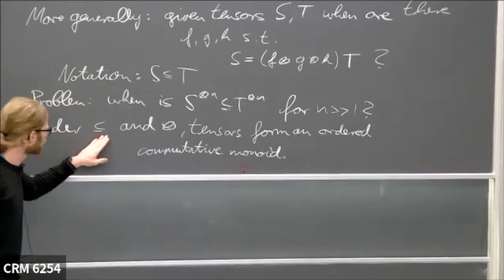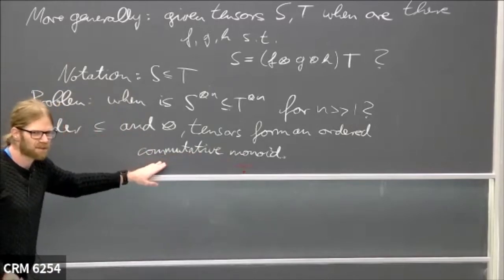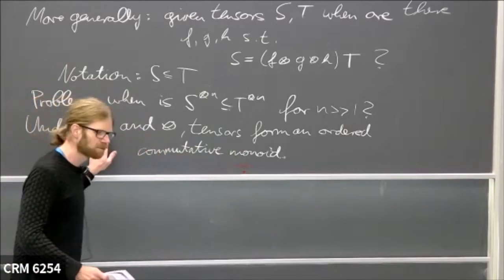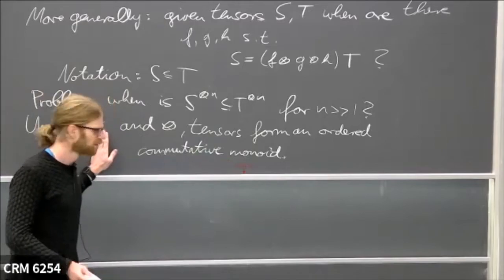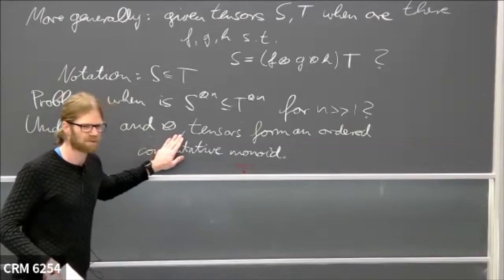And the nice thing about this is that what ordered commutative monoid means is that this binary operation is compatible with the preorder structure, meaning that it's monotone.